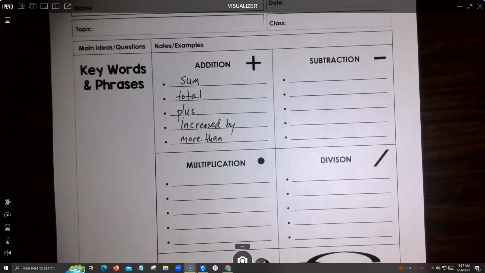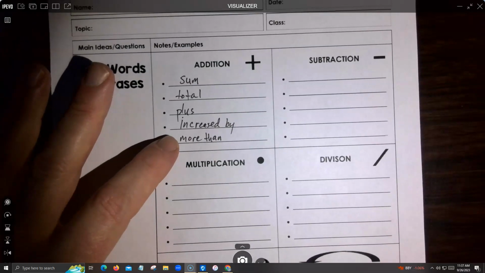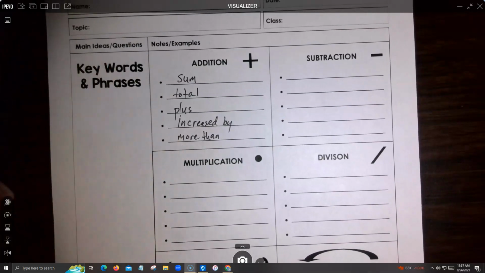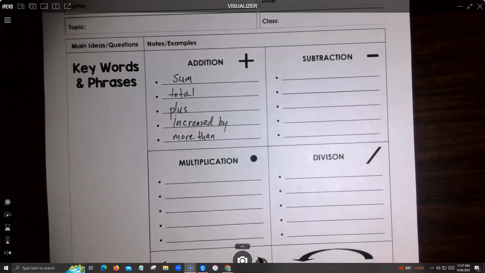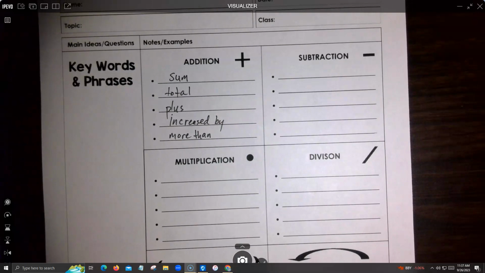I don't say I have 5 more than $20 in my pocket, which means I have $25. No one talks like that, but in mathematics we do use the words more than, so when we get to it, we'll deal with it.